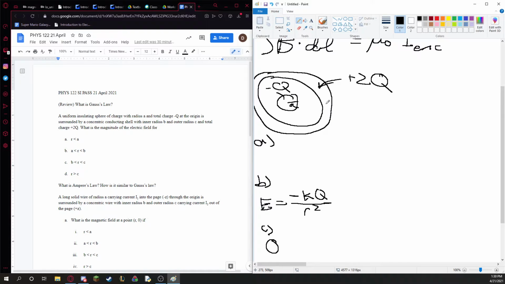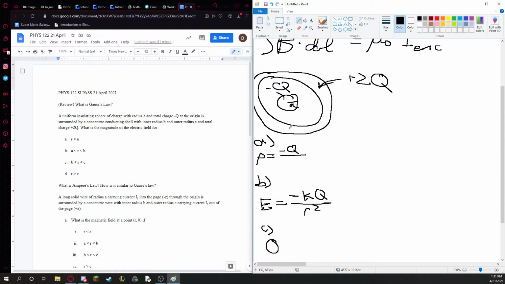We're just given the total charge. It's equal to total charge over total volume. Exactly. So our density is going to be negative Q over our total volume.